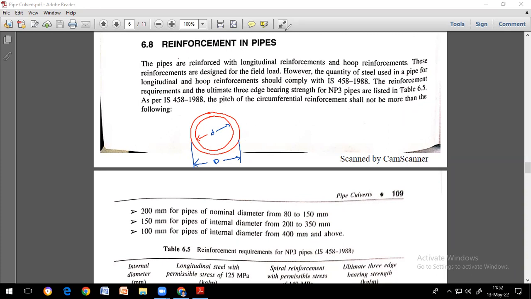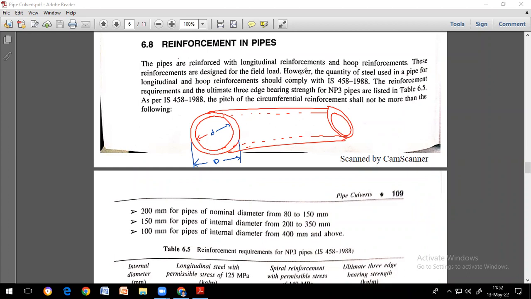And usually pipes will have a longitudinal length. Kada? Yes or no? Right. Now, the pipes are reinforced with longitudinal reinforcement and hoop reinforcement.